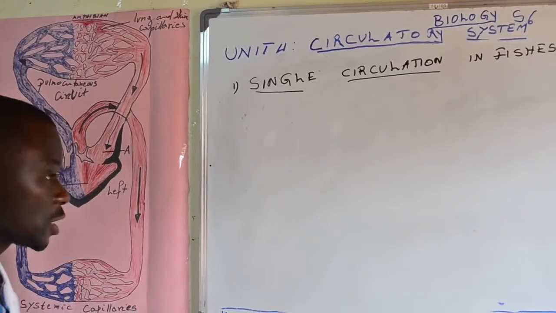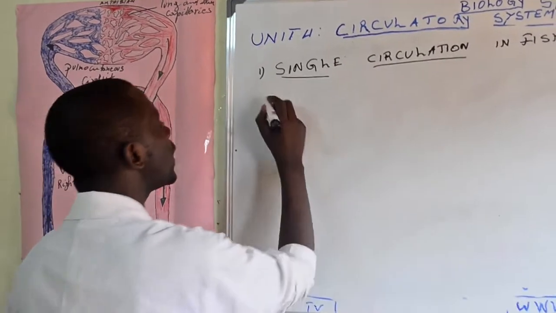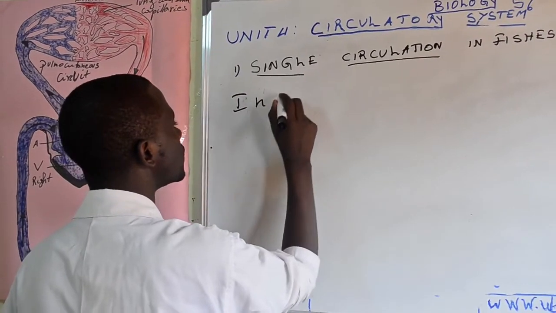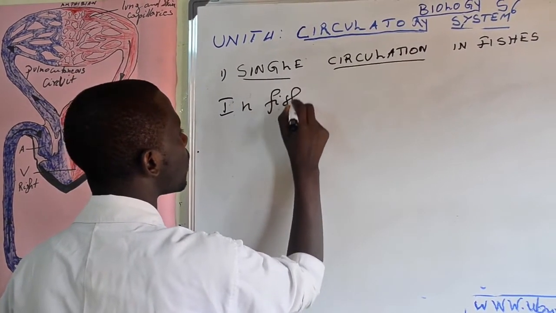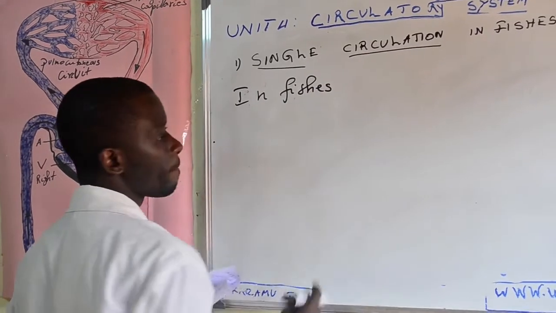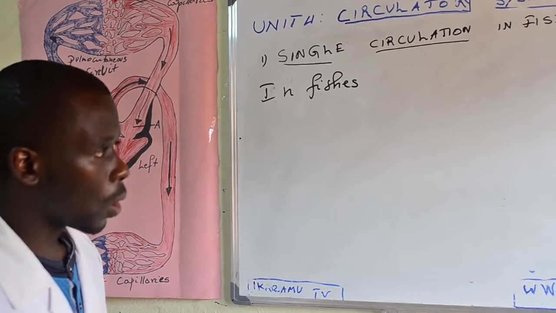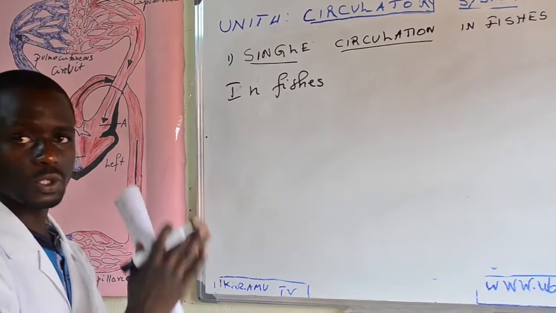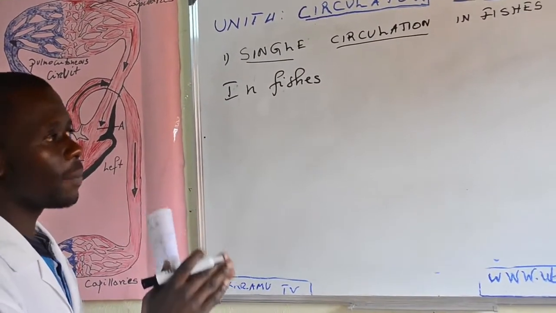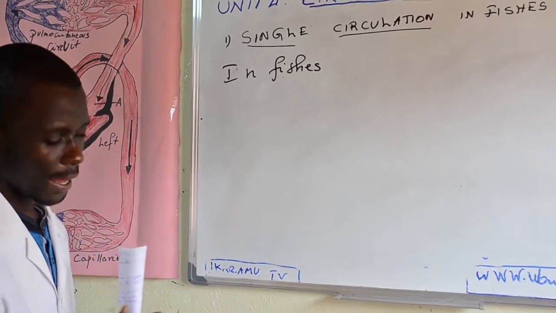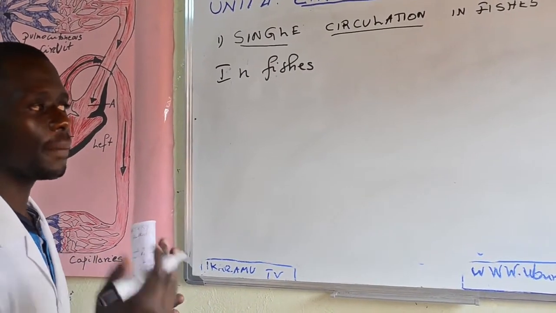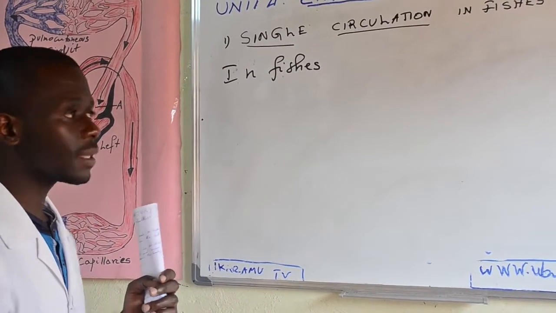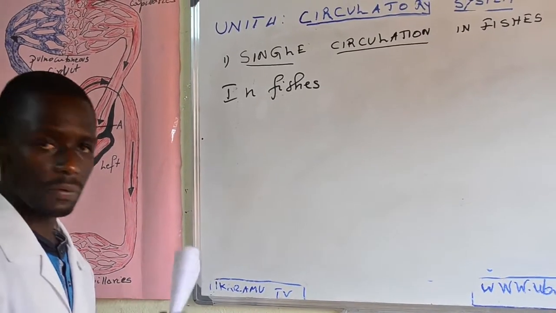We are now going to see how single circulation in fishes works, its structure. In fishes, blood comes from the heart, goes to the gills, comes from the gills, and goes to the body. From the body, it comes back to the heart. But we are going to see how it works.